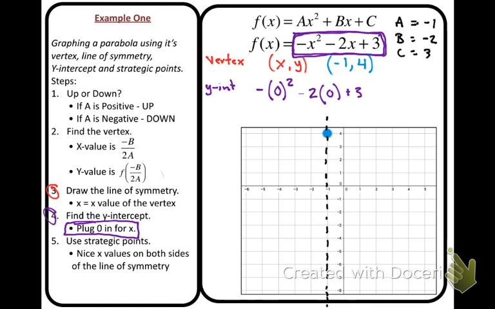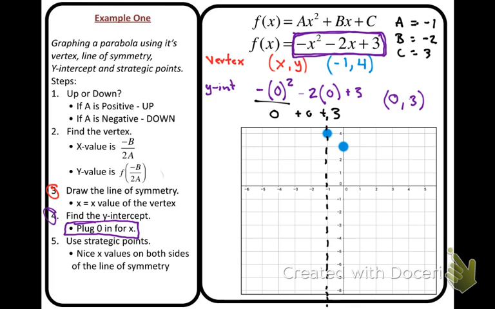Now simplifying, all this here is going to be 0. 2 times 0 is 0, and then plus 3 on the outside. So for the y-intercept, we plugged in 0, and we got 3. That's our y-intercept. And we're going to want to plot that on the graph at (0, 3), right there.